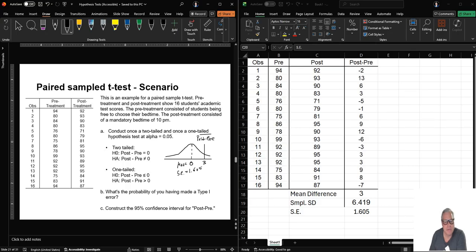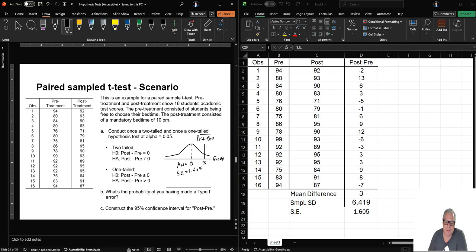So when would we reject the null hypothesis in a two-tailed test? Here we have the grade, and then we have to convert it into t-statistics, and we need to identify the critical value. When would we reject?